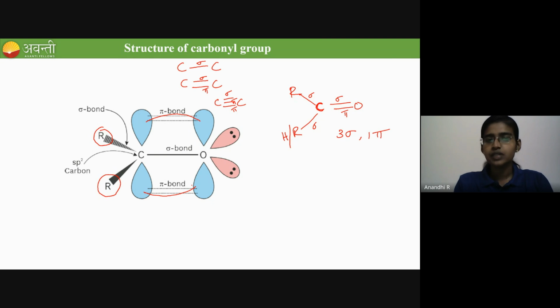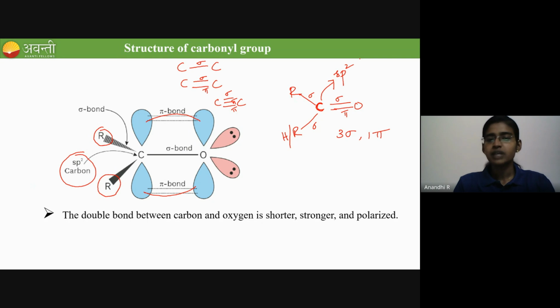Moving to the hybridization of the carbonyl carbon, you can see here, it is an sp2 hybridized carbon. Since it contains a double bond around it, the hybridization of this carbon is sp2. And the double bond between the carbon and oxygen is shorter, stronger, and polarized.